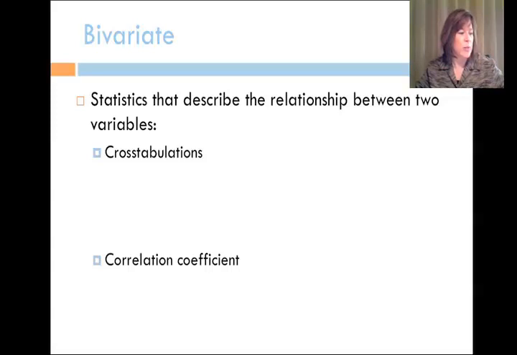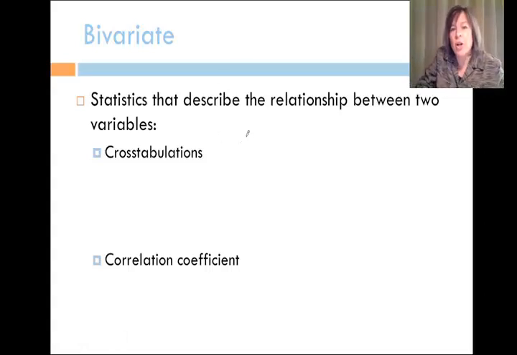So describing the relationship between two variables, we use all those other statistics we learned to describe one variable, but now we're going to be looking at how they're related to each other. So the way to do that is with cross tabulations.